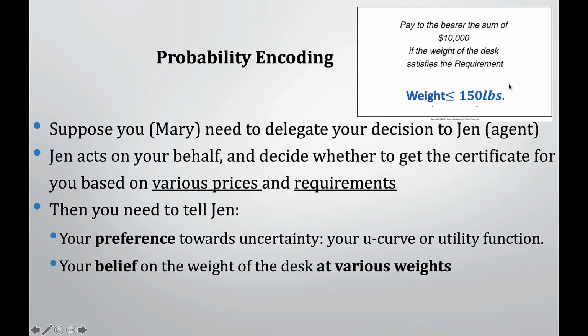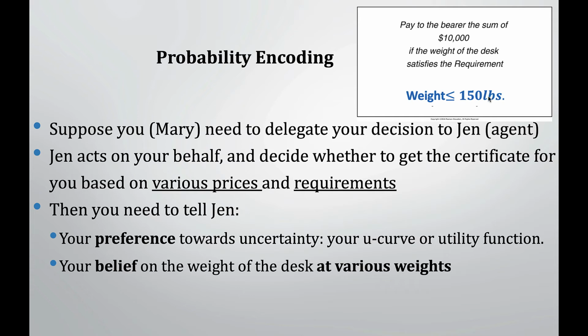Okay, so you cannot just tell her, I believe the weight is below or equal to 150 pounds with 70% of a probability. What if the teacher later changes the requirement to be, the weight being over 200 pounds or the weight being less or equal to 100 pounds? Then how far off should Jen adjust the belief below or above 70%?